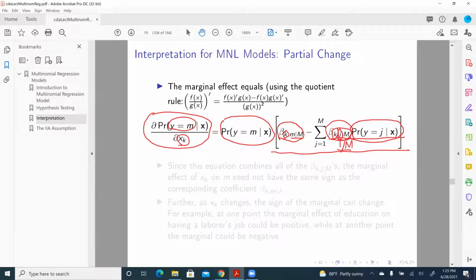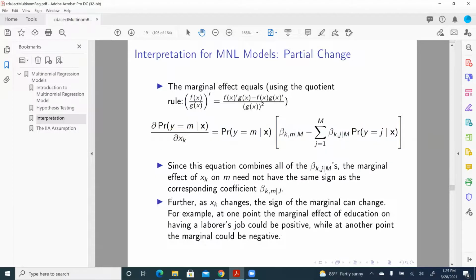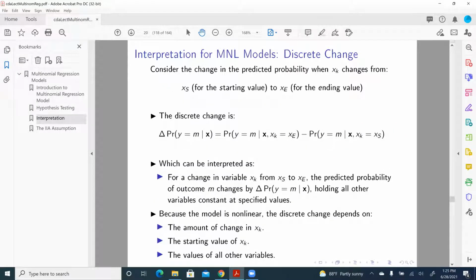So in the first case, y equal to 1. Okay, so that's one term. And for the second term, it is again this beta k for a different odds comparison.